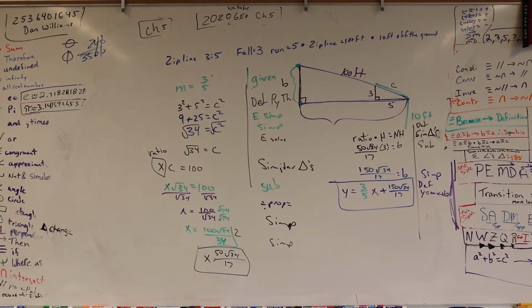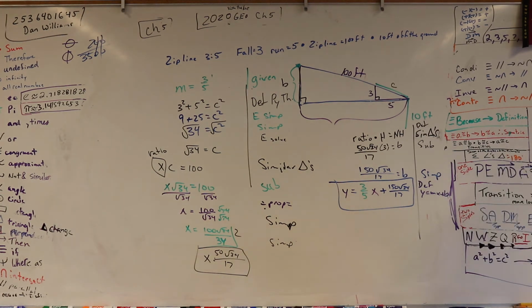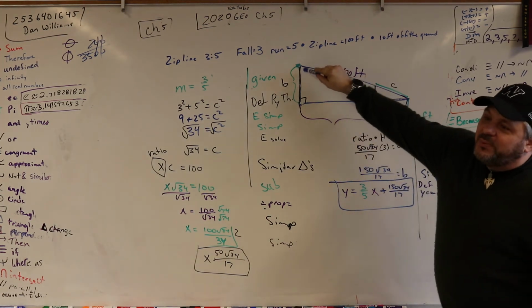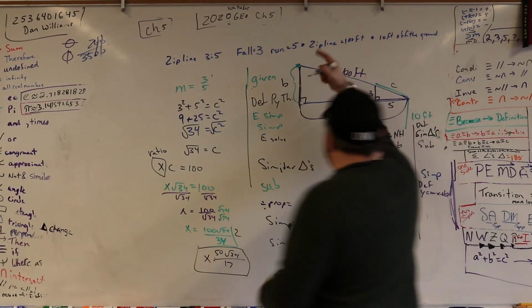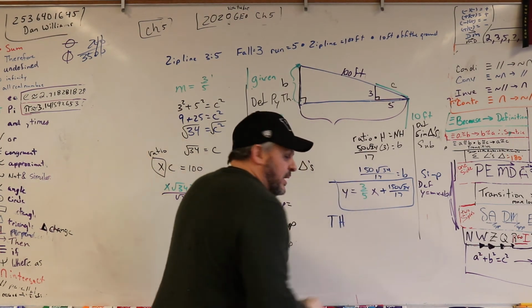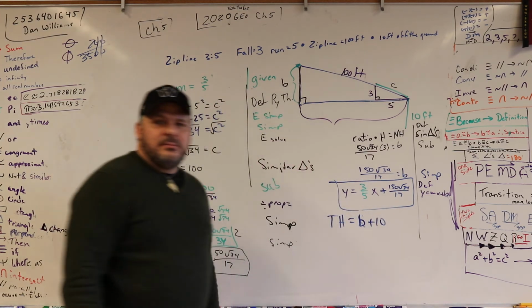Alright, next. What else did they want? They wanted the equation of a line. We're not done? No. How high is it? So, it's not just this height. The height of the person at the top of this is what? It's b plus 10 feet, because it's 10 feet off the ground. Right? So the true height is equal to b plus 10.